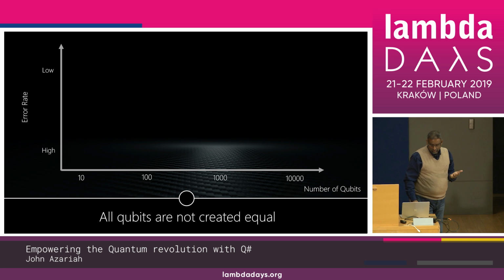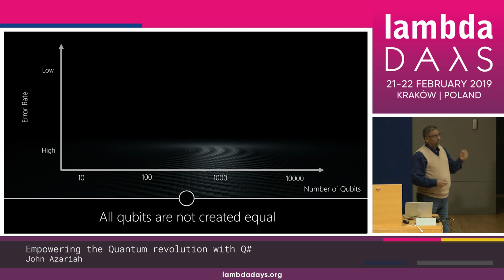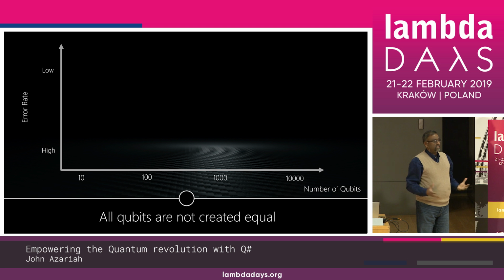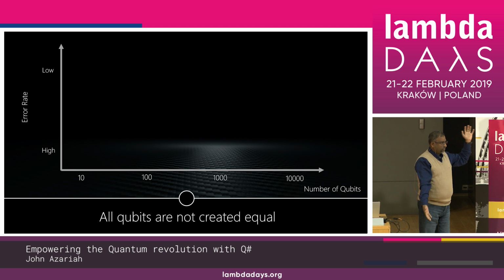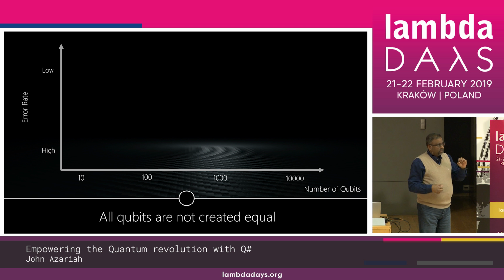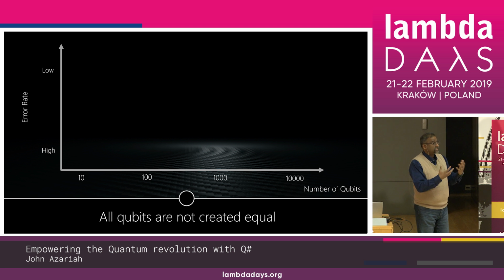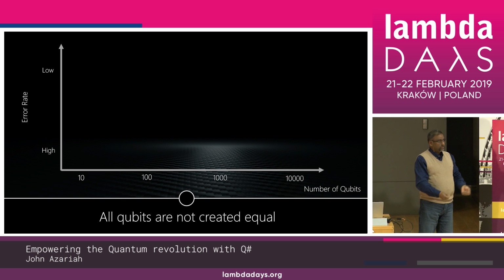And the answer is no, because qubits are fundamentally different. Logical qubits hold their state forever because you write them down on a piece of paper, a large piece of paper, right? But real qubits, the ones that actually store the information quantum mechanically, decohere very quickly because any interaction with the environment that the device is in counts as a measurement, and you lose information very quickly.